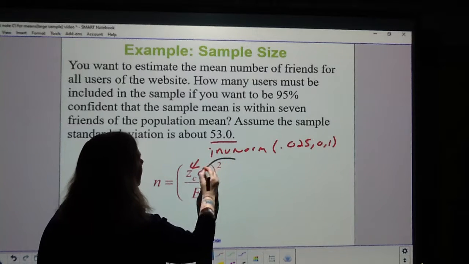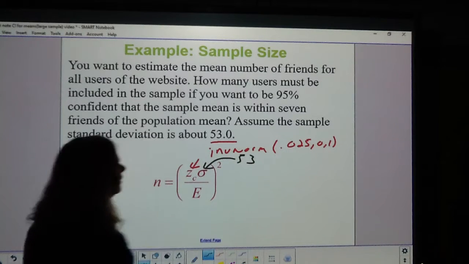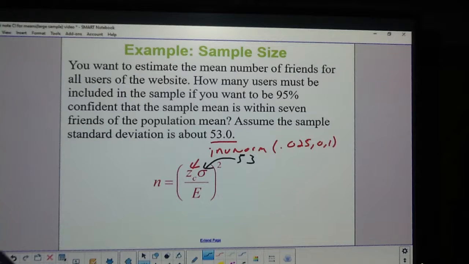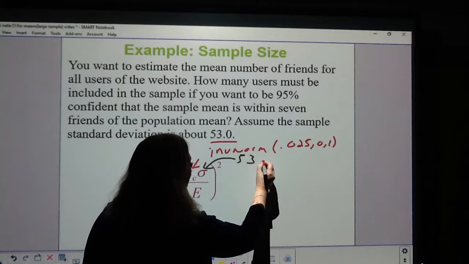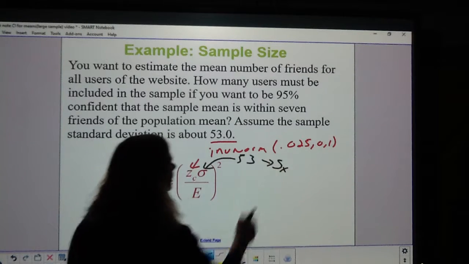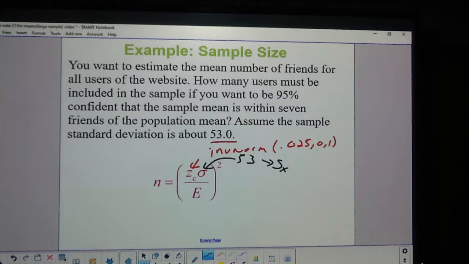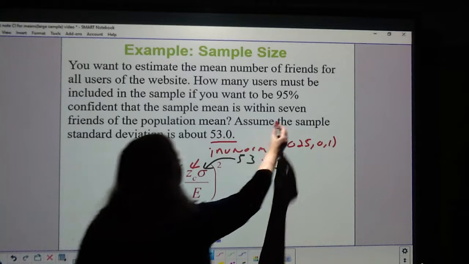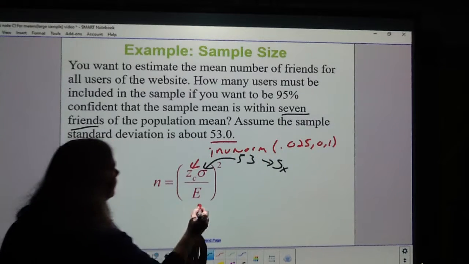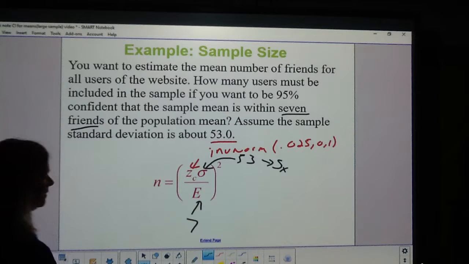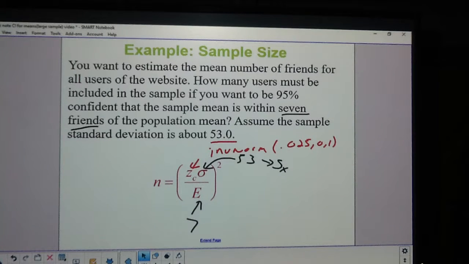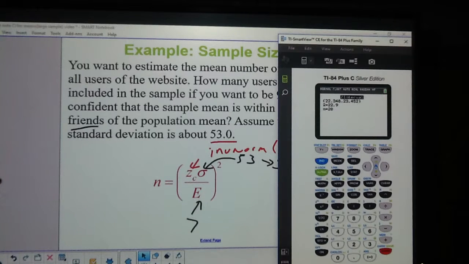They're telling you the sigma's 53, but if you want, you could also use that from our calculator, okay? Let's see, within 7 friends, so that's my E value. So let's plug it in our calculator and see what we have.